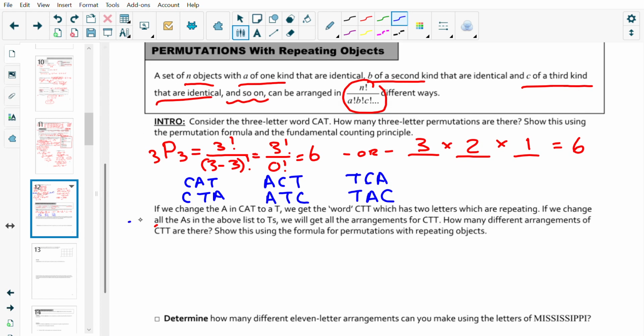So part 2, if we change the A in cat to a T, we get the word CTT, which has 2 letters which are repeating. So let me just rewrite the 6 choices above.